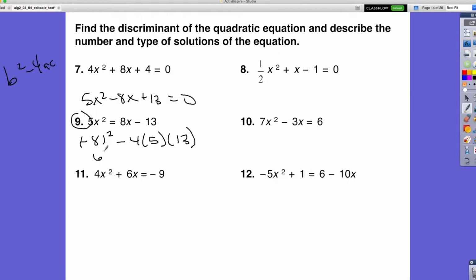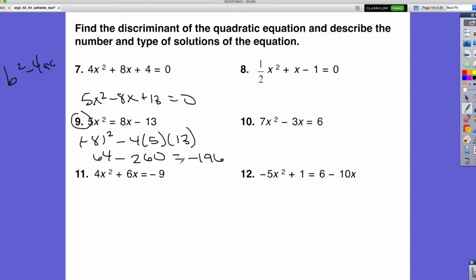Now we're going to put 64 minus, I can already tell that this is going to be a negative, so it means it's going to have imaginary roots. So 20 times 13 is 260.